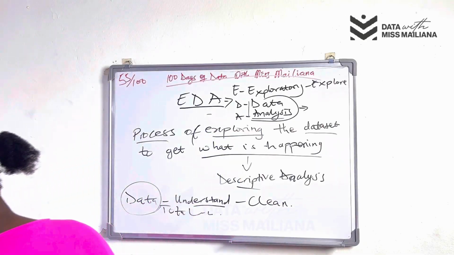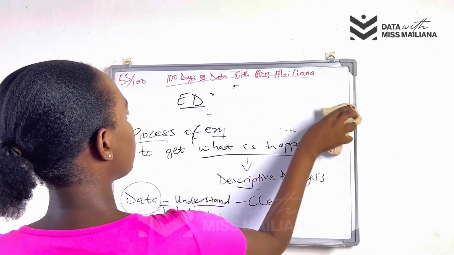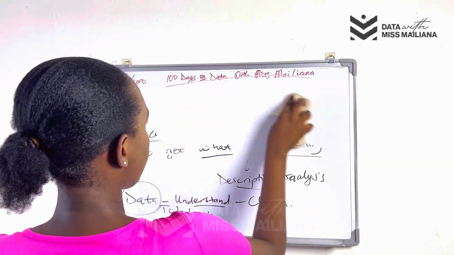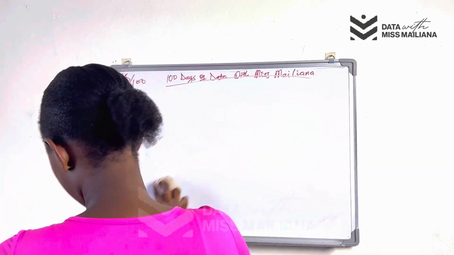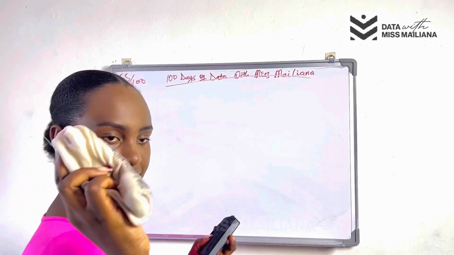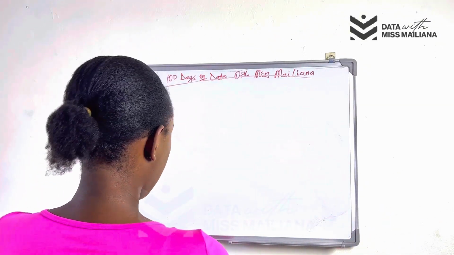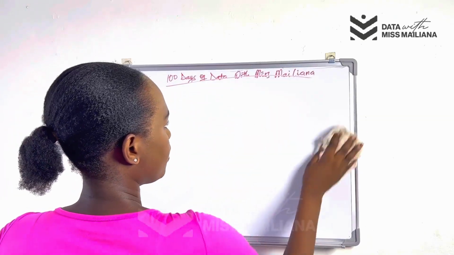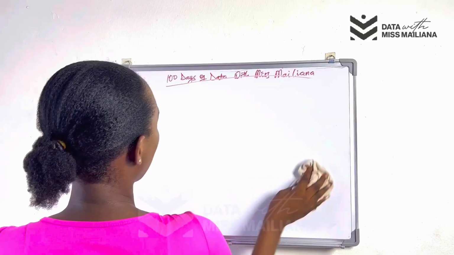Let me use this to clean the board. This is my cleaning gear. We'll keep it that way. I had to get this so that our cleaning will be much better. We'll have a whiteboard.